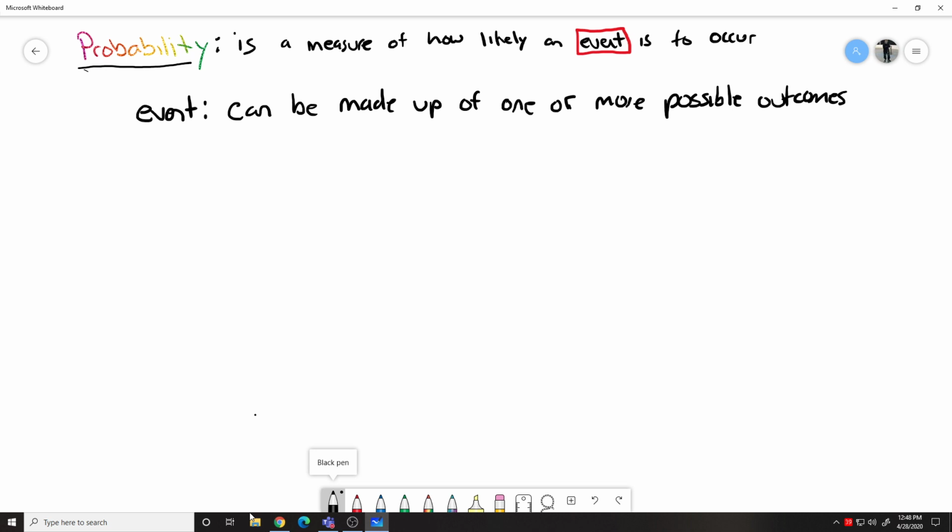So if probability is the measure of how likely an event, maybe say a specific event, is to occur, and an event is the thing that can be made up of one or more possible outcomes.